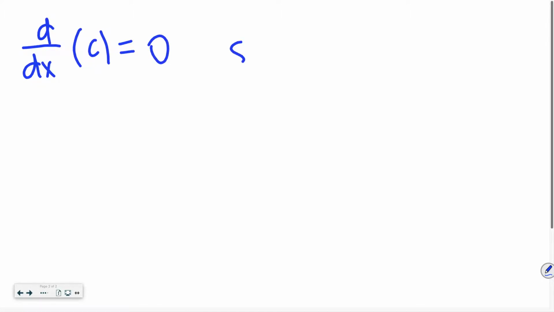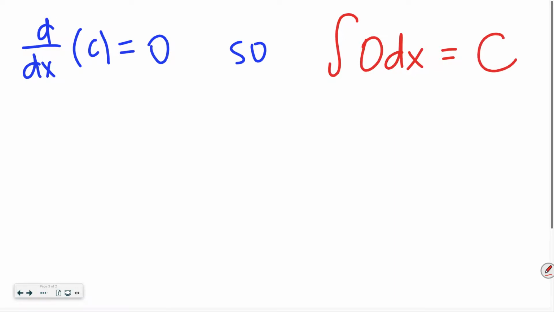But let's just focus on the power rule for right now. So please tell me, what is the derivative of a constant? 0. Okay. So we know that the antiderivative of nothing is a constant.